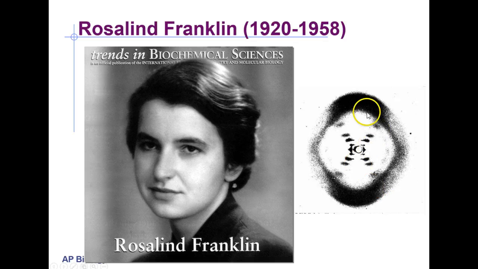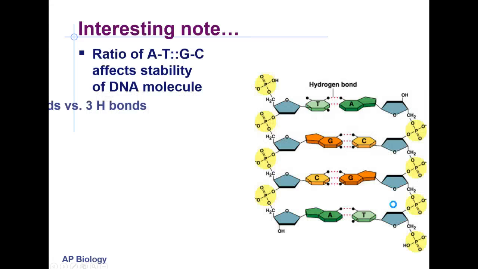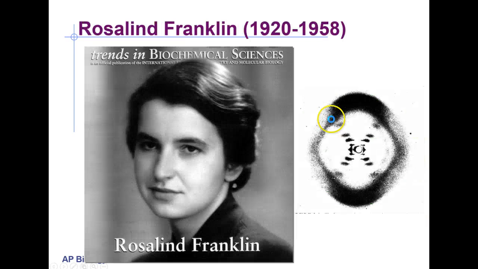So this is a X-ray diffraction picture, and if you put a little mathematic equation to this, you can figure out that DNA is a double helix. And Watson and Crick won the Nobel Prize in the 1950s due to that. Unfortunately, working with so much X-rays, Rosalind Franklin here died of cancer.